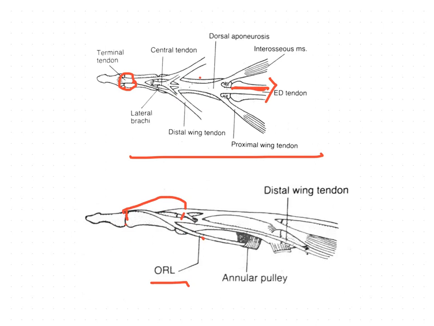Okay. So when the distal interphalangeal joint is flexed, how does it take place? By the contraction of flexor digitorum profundus muscle. So here, because of flexor digitorum profundus muscle, the DIP is going into flexion.